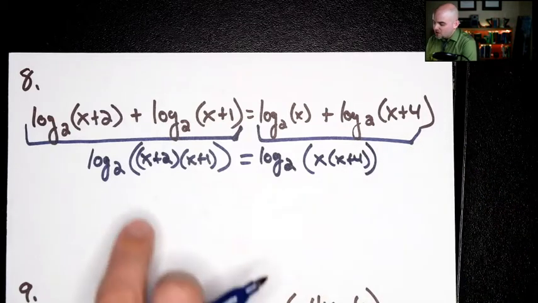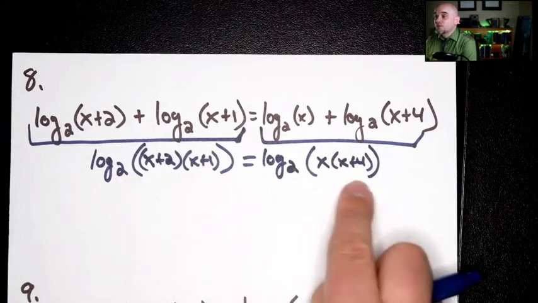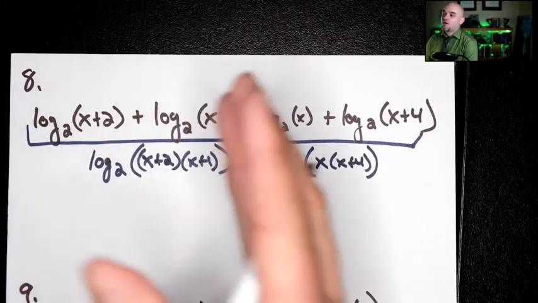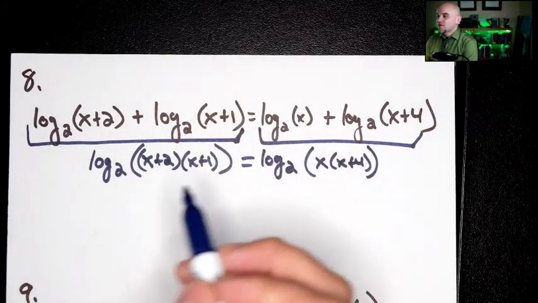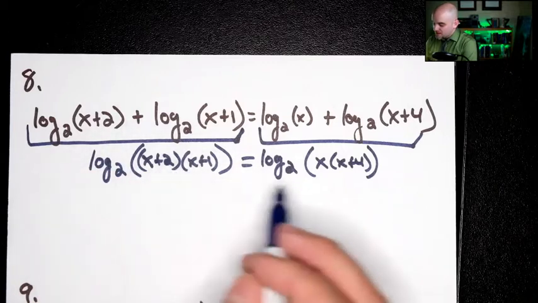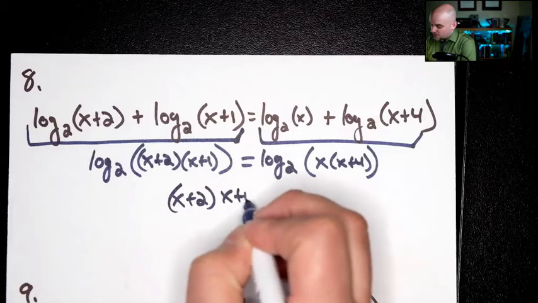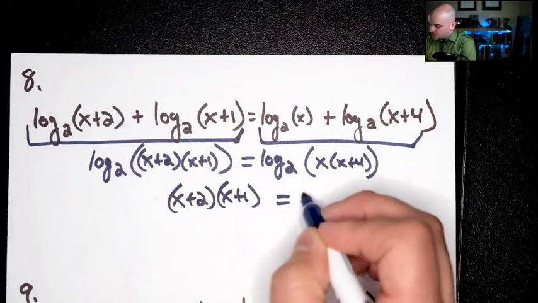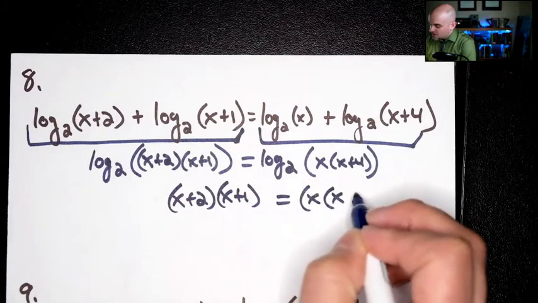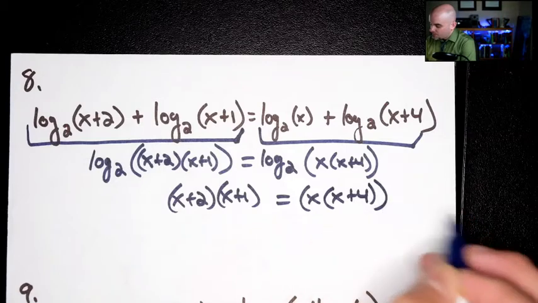And so now we've got 1 log equal to 1 log. That's what we want. And they're the same base, so we can set what's inside equal to each other. So I get x plus 2 times x plus 1 is equal to x times x plus 4.